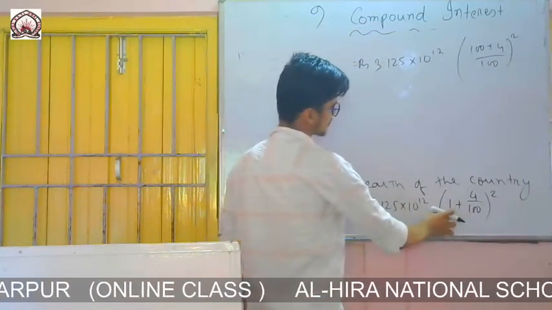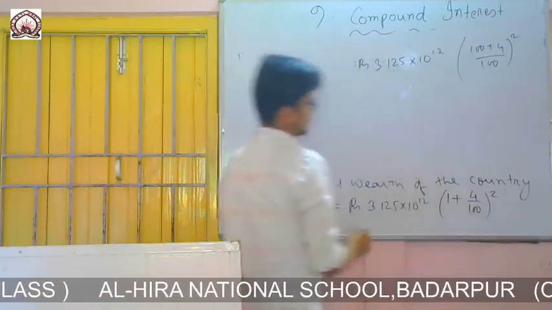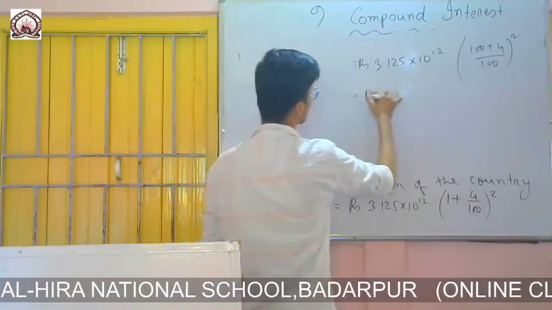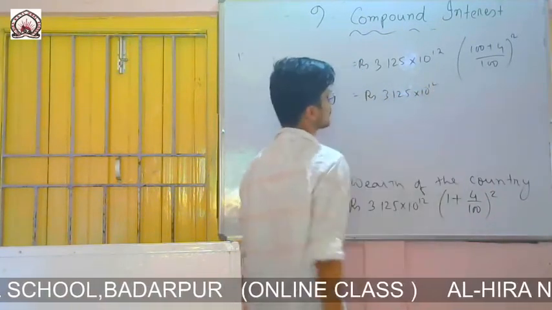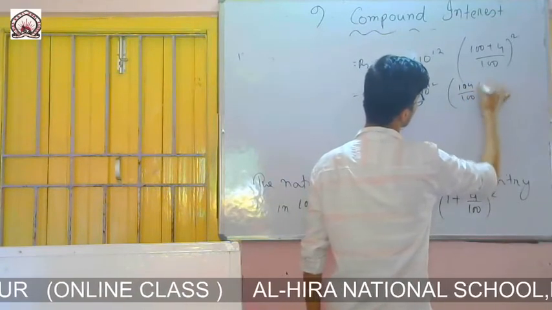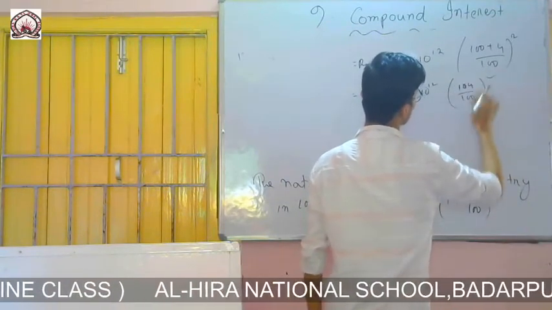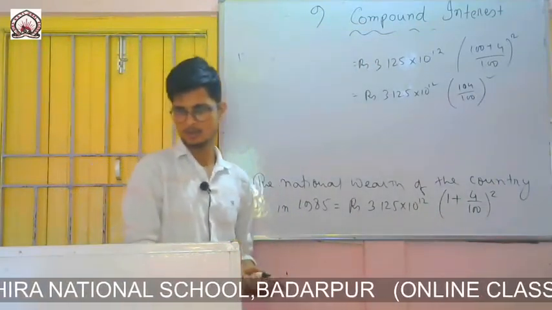100 plus 4, LCM I have taken, and I have written this one. Rupees 3.125 into 10 to the power 12, 100 plus 4 it is 104 by 100 whole thing square.